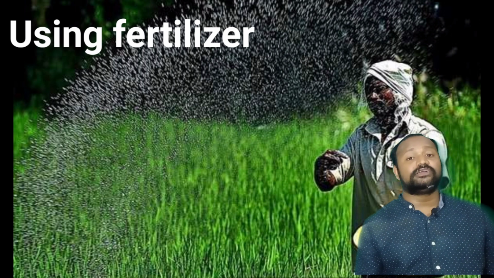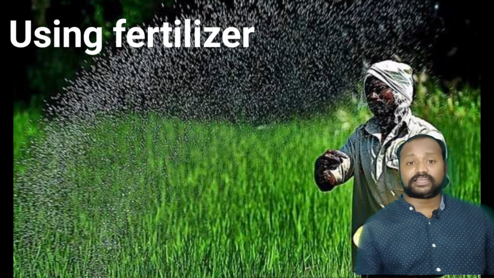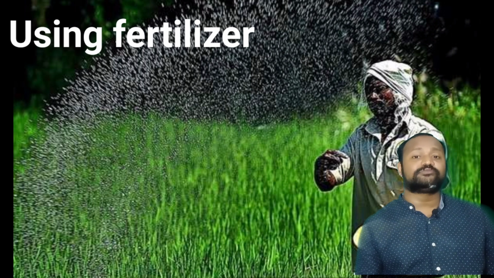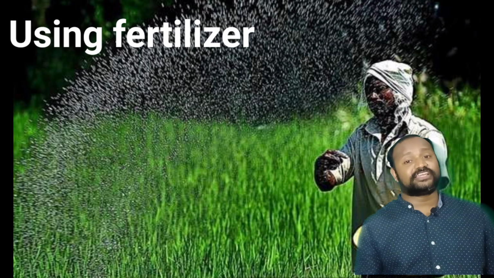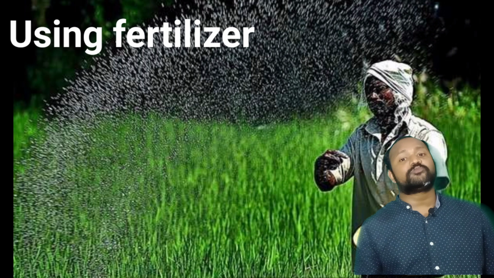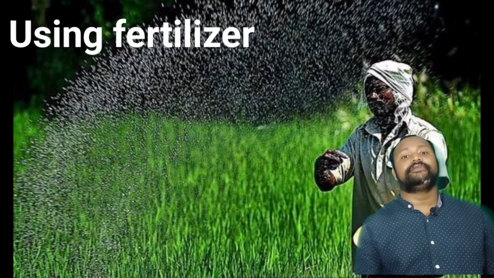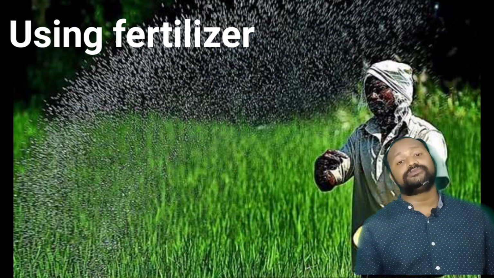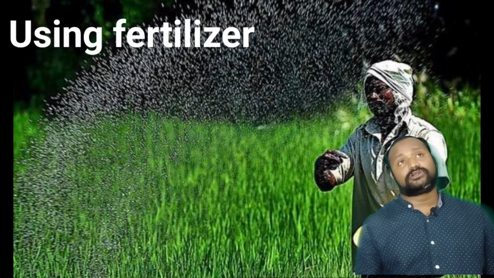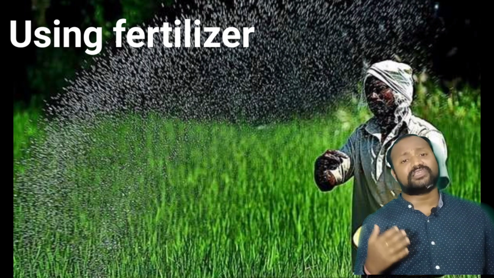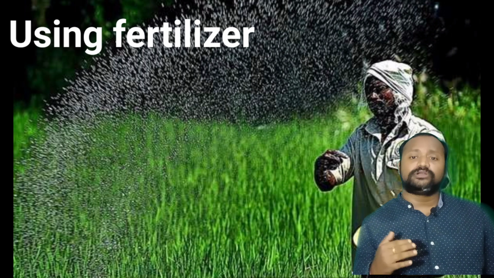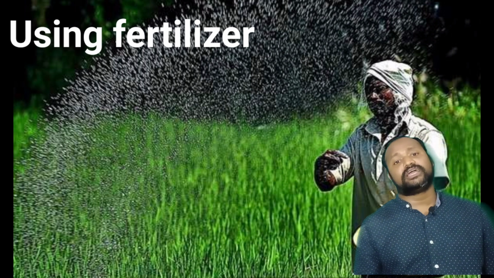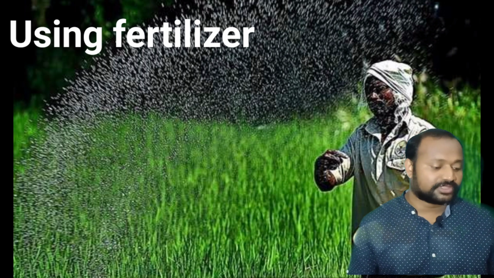For example, the derelict lands, as I have already told, derelict land can be converted into agricultural land with the application of irrigation as well as fertilizer. Not only that, some wasteland, and fallow land, can be converted into well productive land with the help of fertilizer.